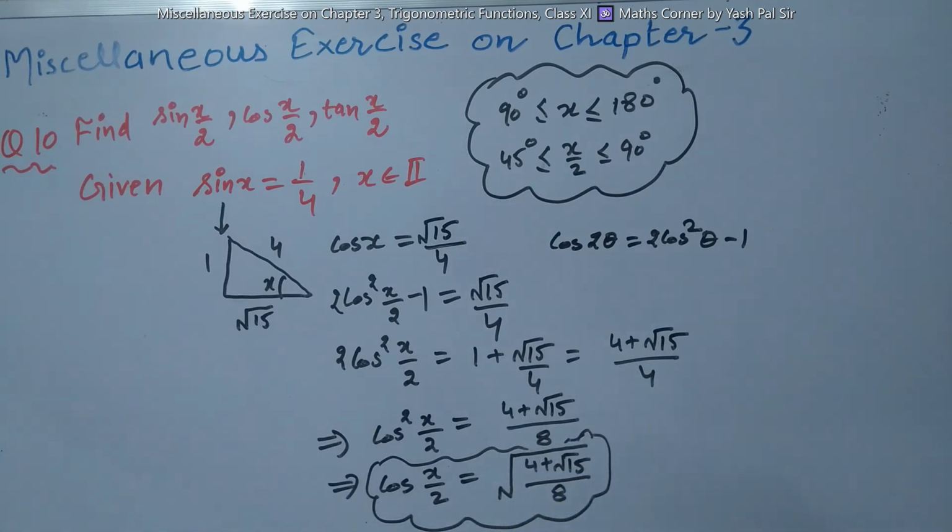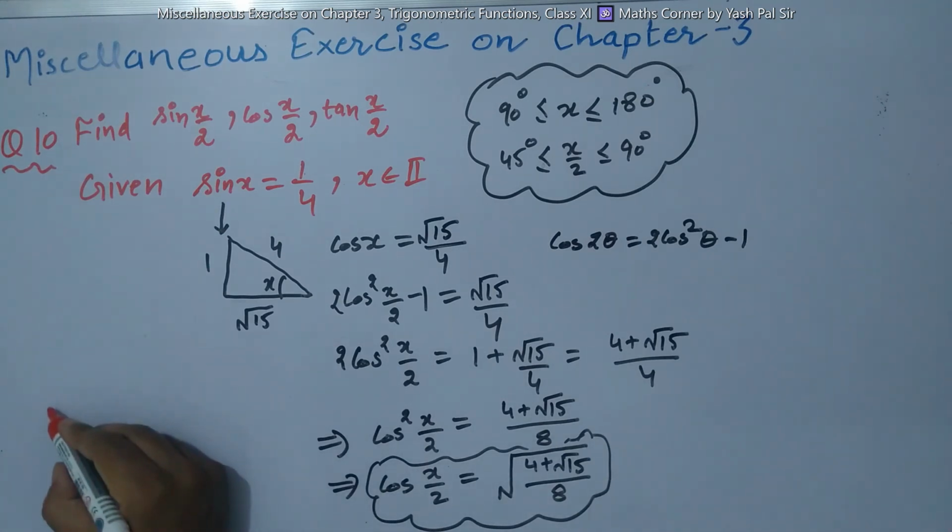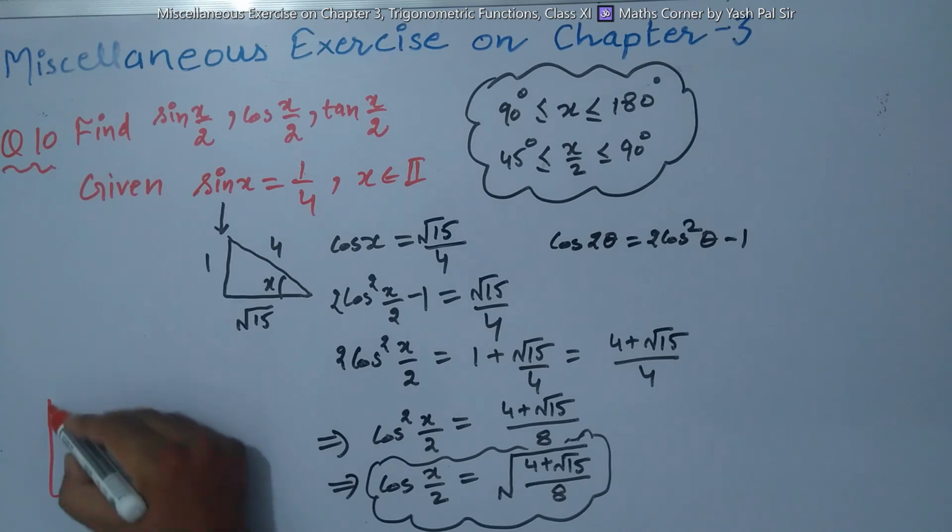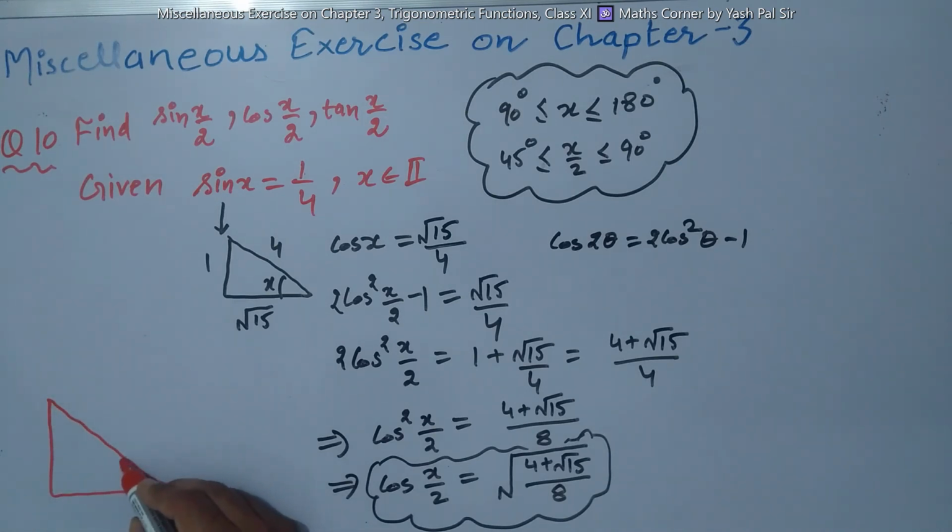So from here again we can make the triangle. The triangle is like this. Here the base angle is x by 2. Here, what is cos x by 2? Base upon h. What is base?